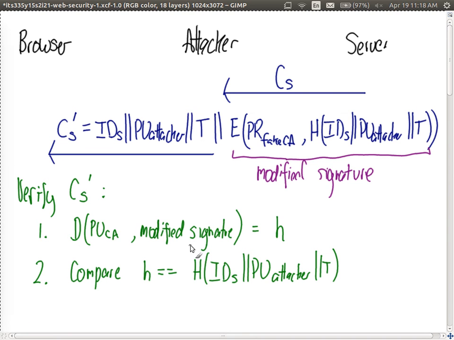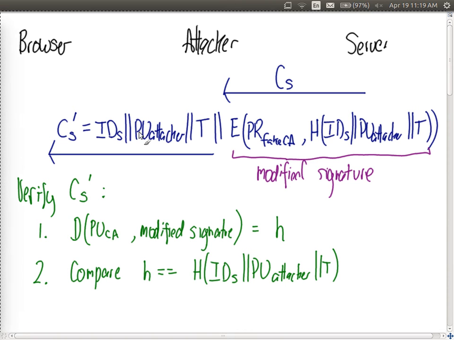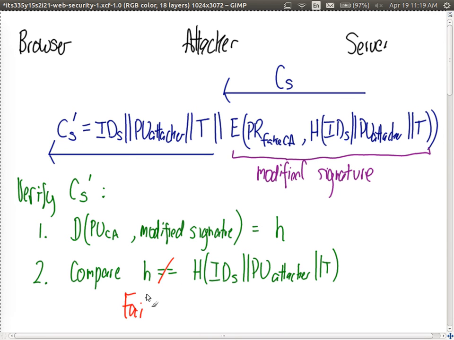Since lowercase h will not match this hash value, the comparison doesn't work. They don't match. It's because we're using the wrong key. And because they don't match, we don't trust it. So no, the comparison fails, the verification fails.